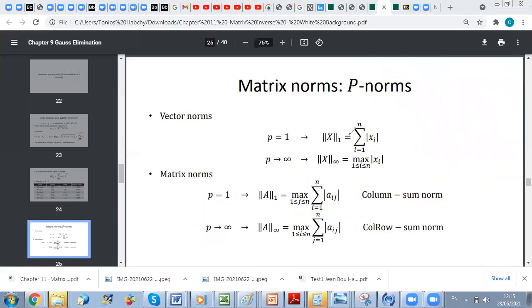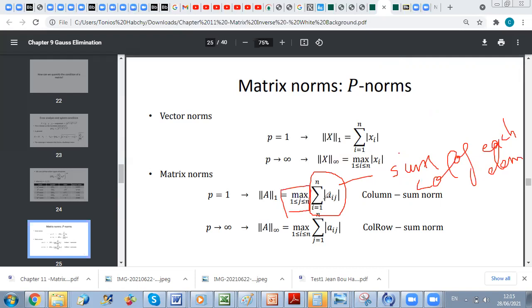This summation gives you the summation in each column of each column's elements. And then we select the highest one, so we take the maximum between these elements considered.